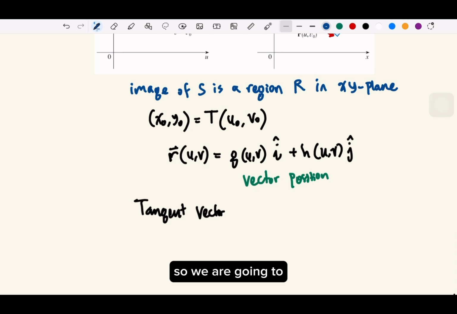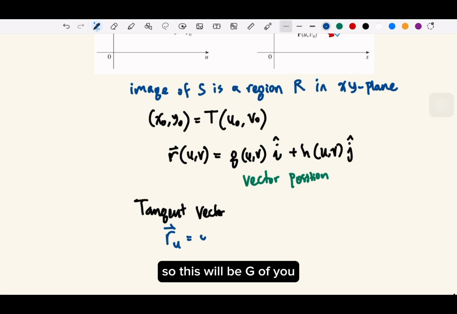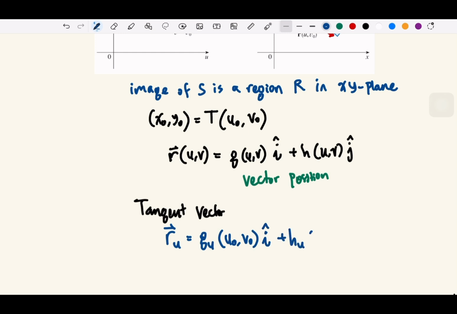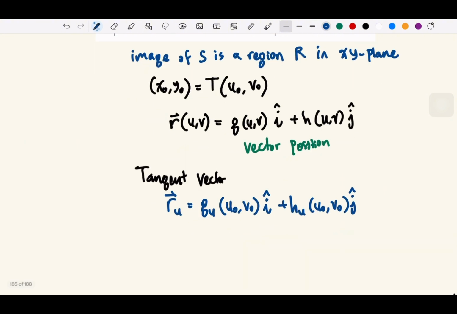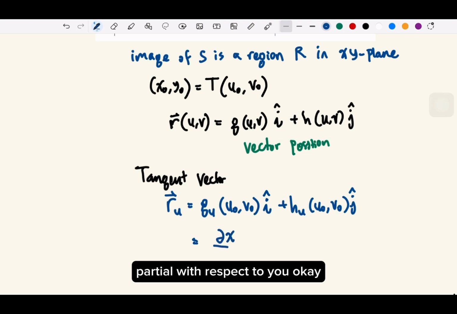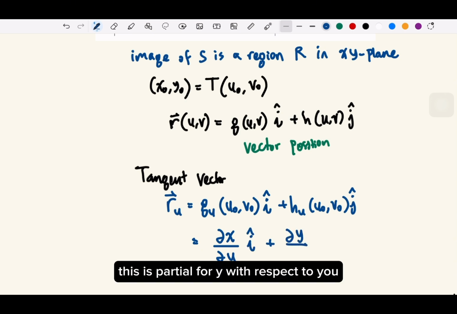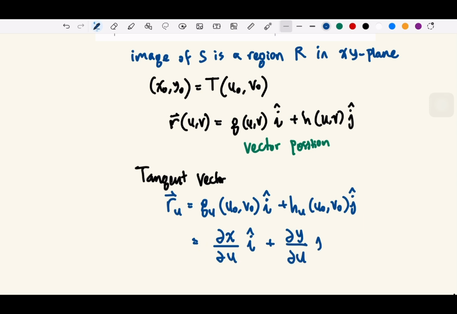So we are going to take the tangent vector with respect to U. This will be G of U at U0, phi 0 I plus H U at U0, phi 0 J. Or in this case, we can state that this will be the partial with respect to U. This is the partial of Y with respect to U.